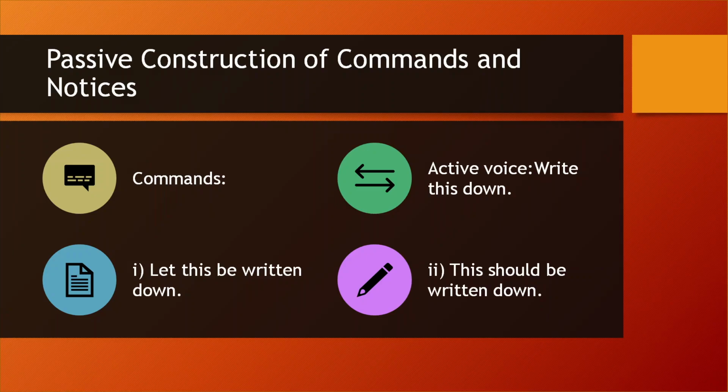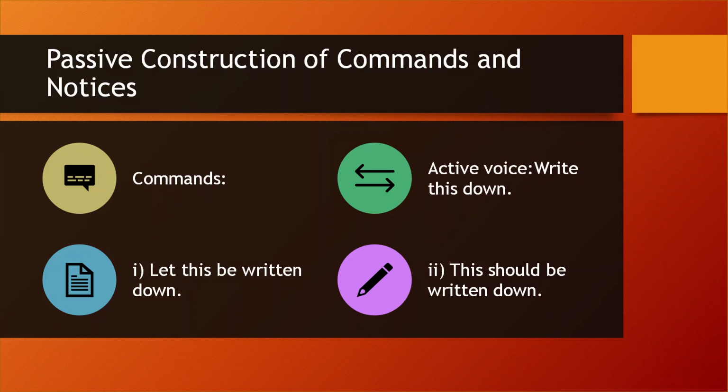For commands, we can use either of the two passive forms given. One is let this be written down, and the other one is this should be written down. While the active forms of such sentences usually have an implied subject, that is you, the passive forms of such commands are usually agentless passive.